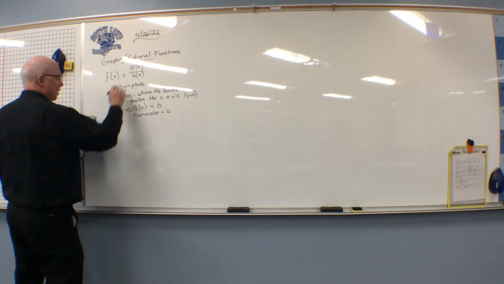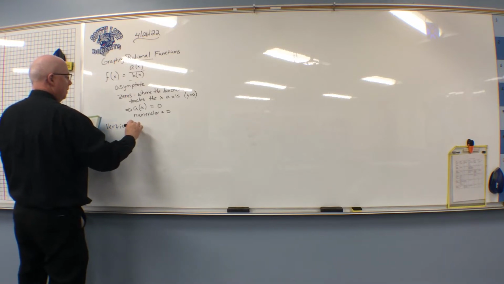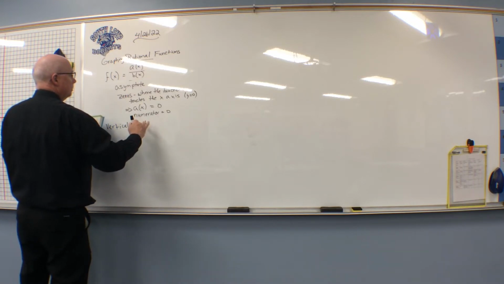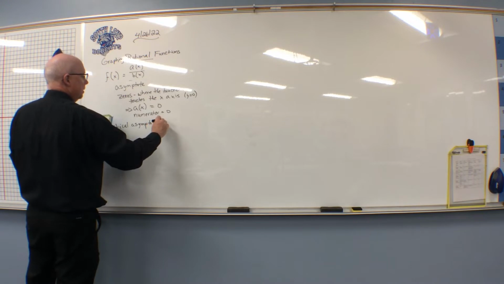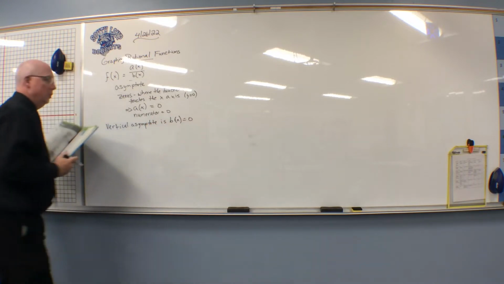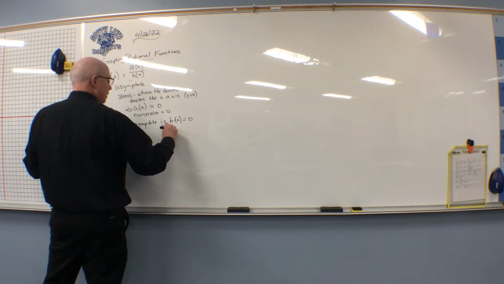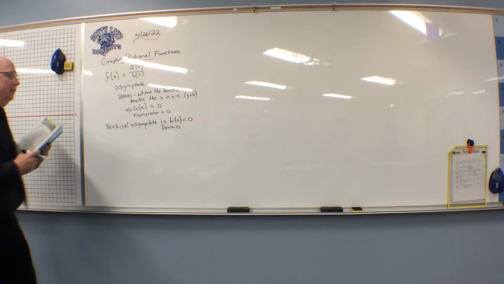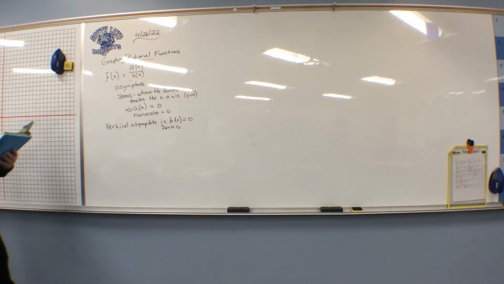The vertical asymptote is where b of x equals 0. So in other words, you set your denominator equal to 0. Where the denominator is 0, that is where your vertical asymptotes are.